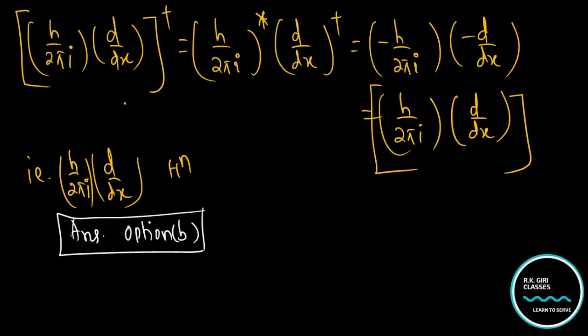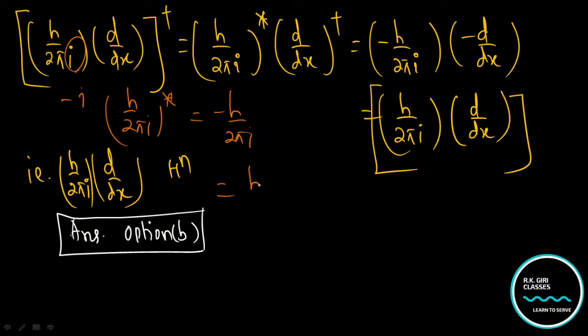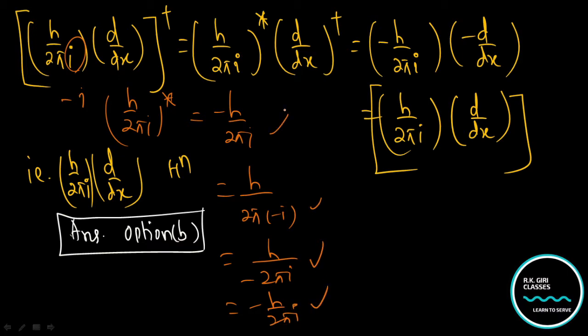So what will happen there? i will be minus i, that means h by 2 pi i will become minus h by 2 pi i, because this is h by 2 pi minus i. It can be printed like this, minus h by 2 pi i. Very easy, simple, a very small level of mathematics.